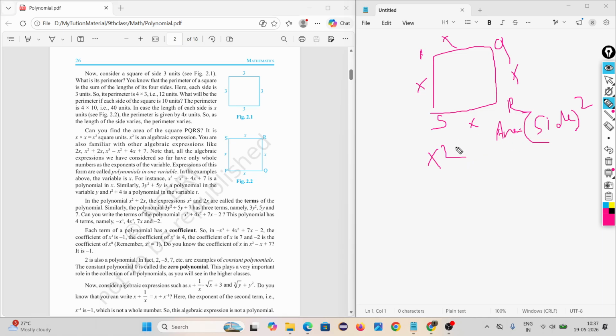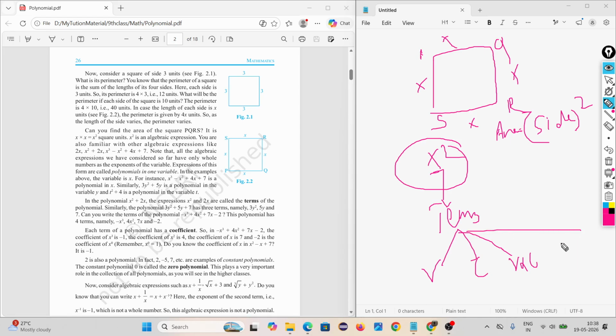Side value is x, so here it is x square. x square is an algebraic expression. An algebraic expression is a group of terms, so x square is a term. A term is a group of variable, constant, variable into constant, constant into constant. Here it is variable into variable, because I can write x square as x into x.